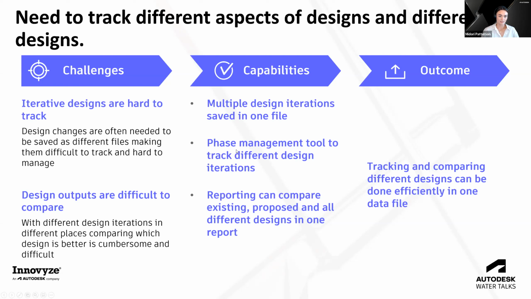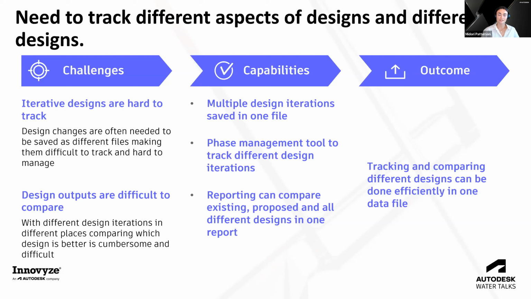And so, yeah, I just mentioned the iterative designs are hard to track. So keeping those things in one file, having a phase management tool like we do in InfoDrainage, to track those iterations. And then, of course, it's also difficult to keep track of those design outputs.